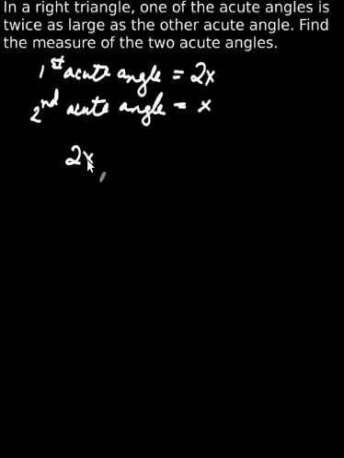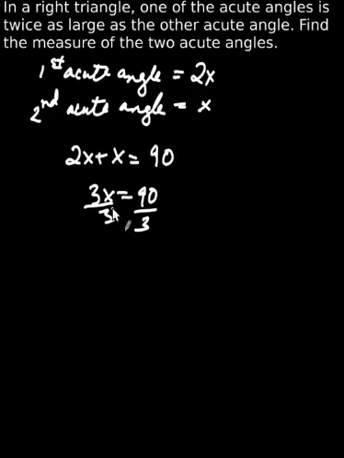That is 2x plus x must be equal to the remaining 90 degrees. So 3x is equal to 90. Divide both sides by 3. So x is equal to 30. And what is x again? Well, x is the second acute angle.